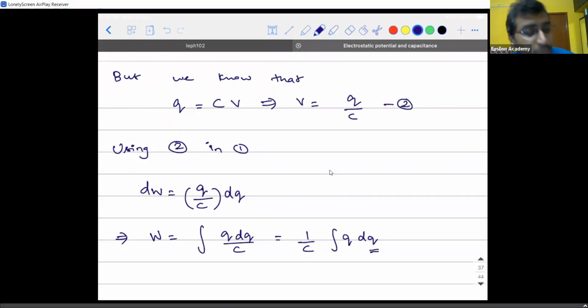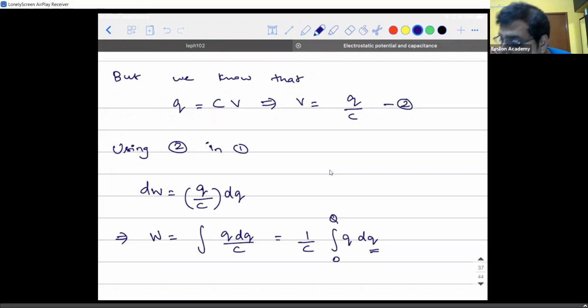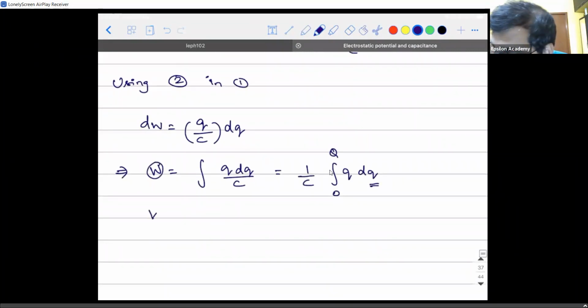Initial charge in the sense, before the battery was connected, the charge on the device was 0. And let's say the maximum charge it can store is capital Q. So the lower limit is 0 and the upper limit is Q. So this amount of work is being done to store the charge on the plates of the capacitor. So W is equal to 1 by C into, what is the integral of Q dQ, guys?